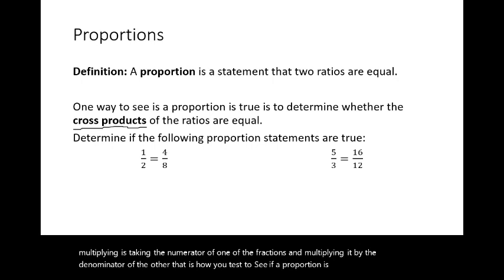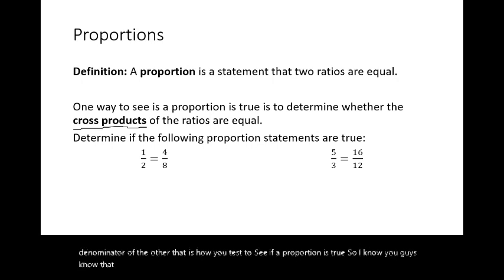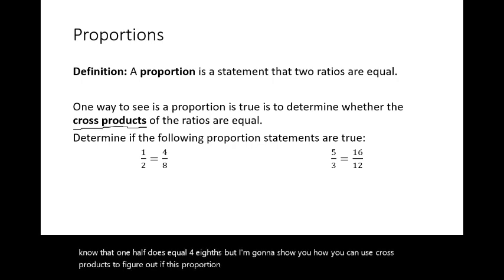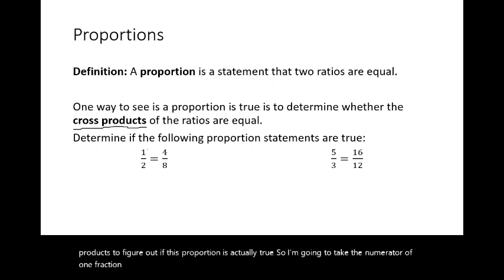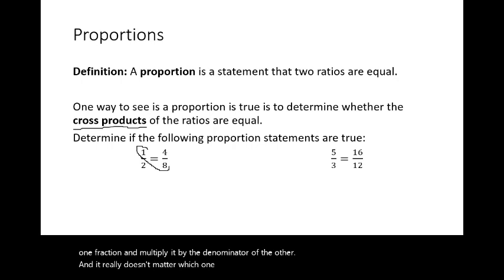I know you guys know that 1/2 does equal 4/8, but I'm going to show you how you can use cross products to figure out if this proportion is actually true. I'm going to take the numerator of one fraction and multiply it by the denominator of the other. It really doesn't matter which one you start with. I'm just going to start with this one.